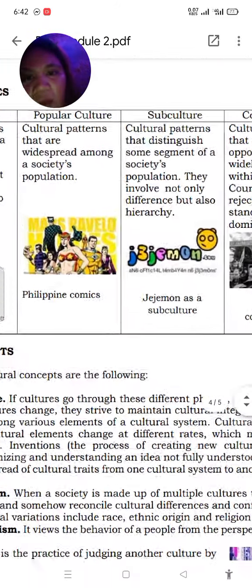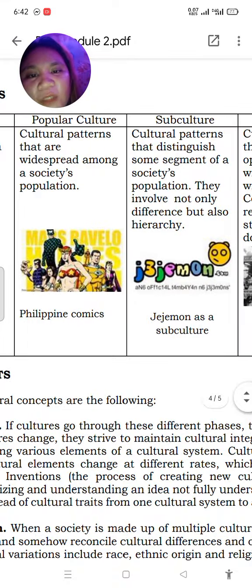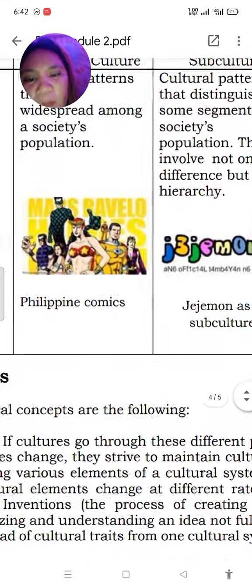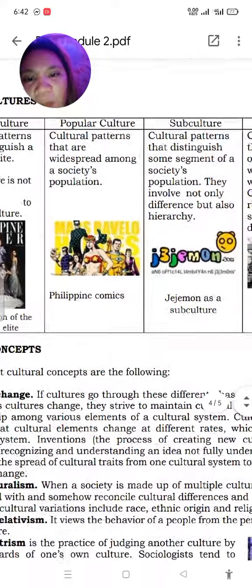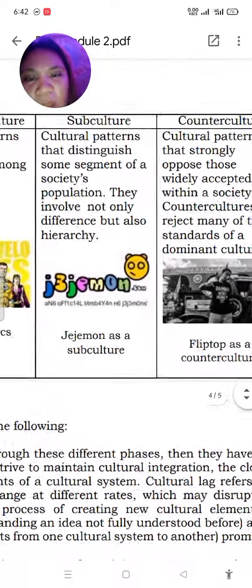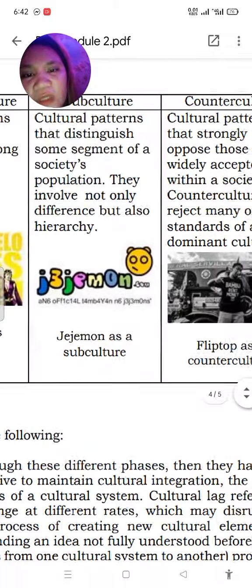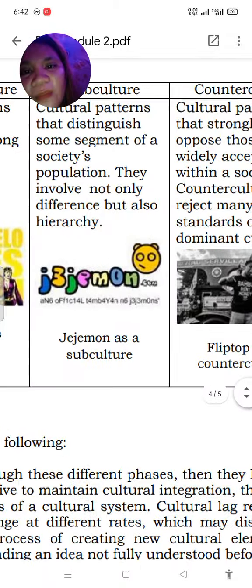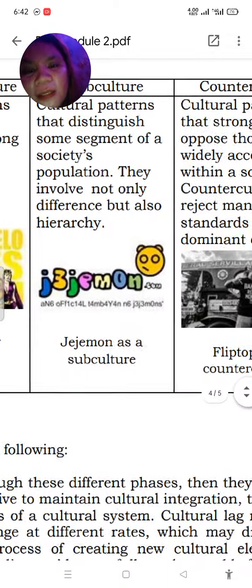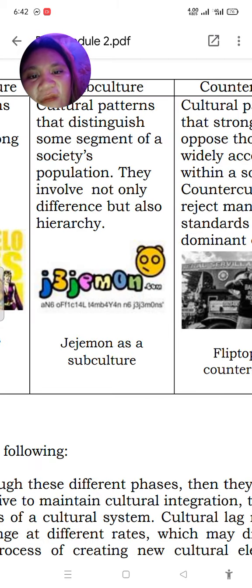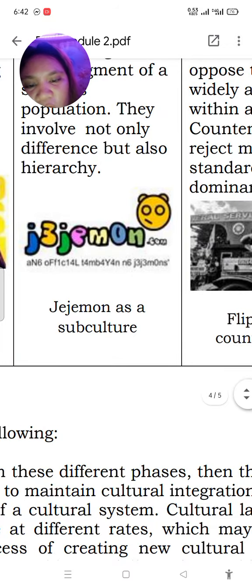Next is popular culture. Culture patterns that are widespread among a society's population. Example, Philippine comics. That is popular culture. So next is subculture. Culture patterns that distinguish some segment of society's population. That is, for example, a hegemon as subculture.